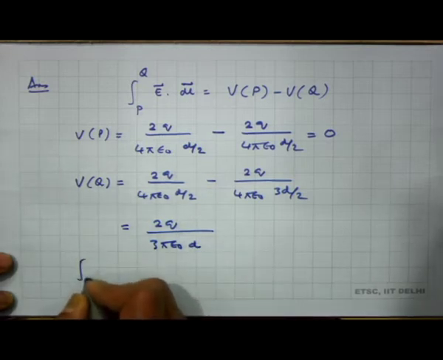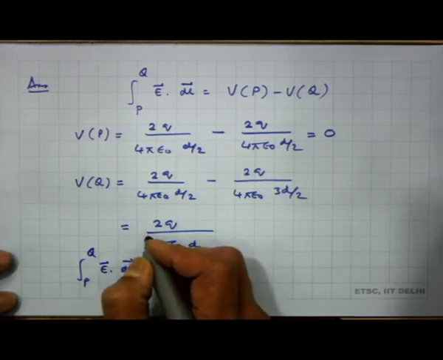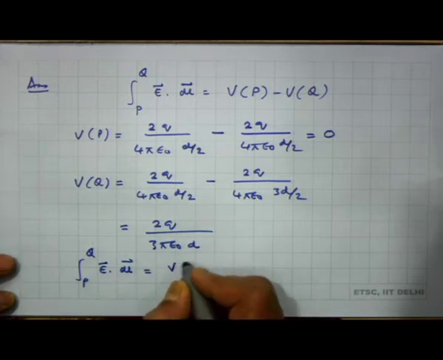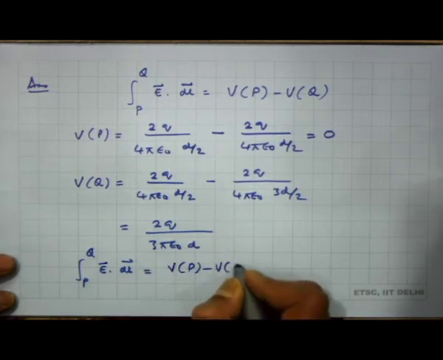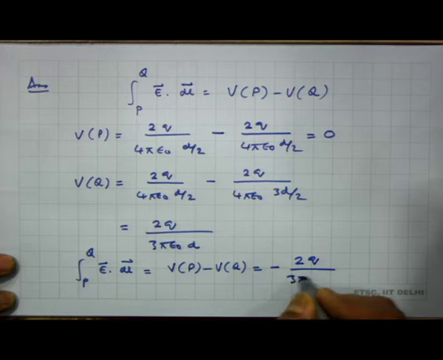So, integral P to Q E dot dl is equal to Vp minus Vq, which is equal to minus 2q by 3 pi epsilon 0 d.